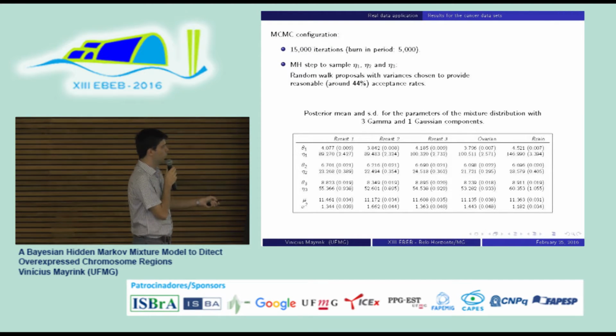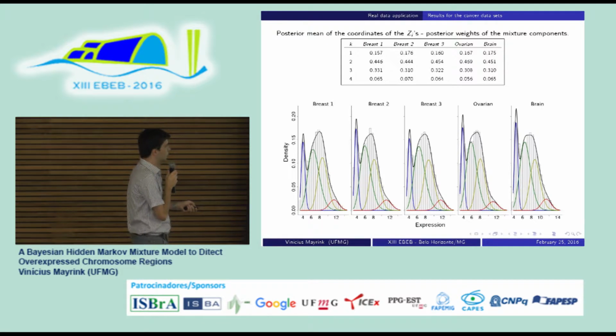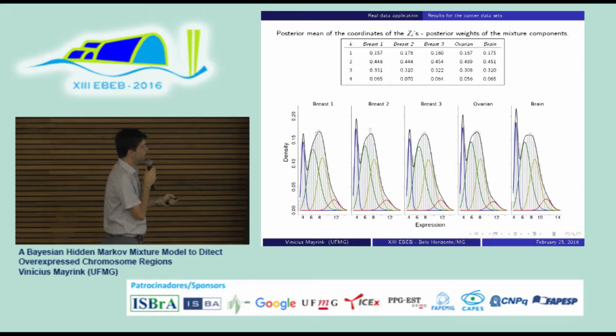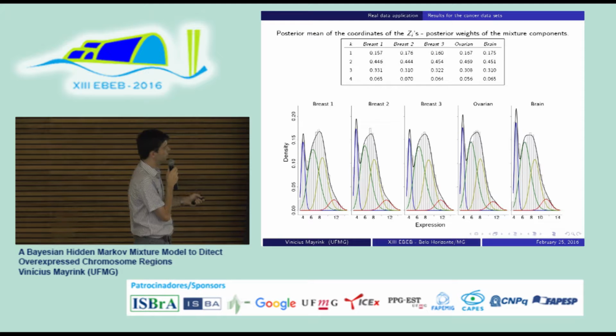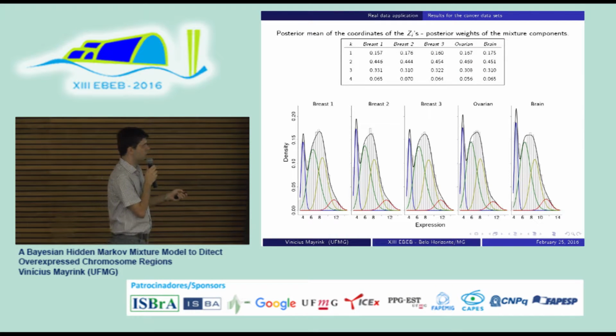And when you look across the different data sets, we have similar results in terms of the estimates of the parameters of the mixture. Here I'm showing the probability of each component estimated in each data set. The weight of the fourth component, which will include the overexpressed status, is the lowest one, around 6%.